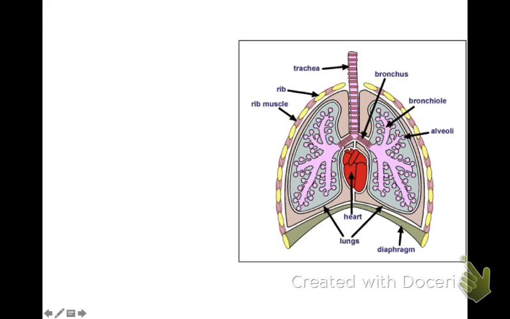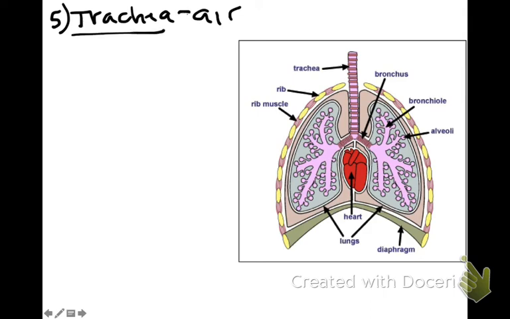All right, the next place that we're going to pass by is the trachea. Again, the trachea should be air only. And again, if you get food or drink down there, that's when you're going to choke. It has, surprise, surprise, mucus and cilia.